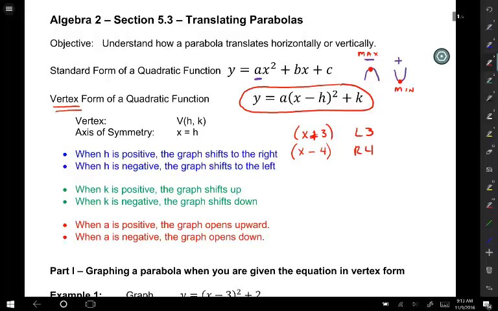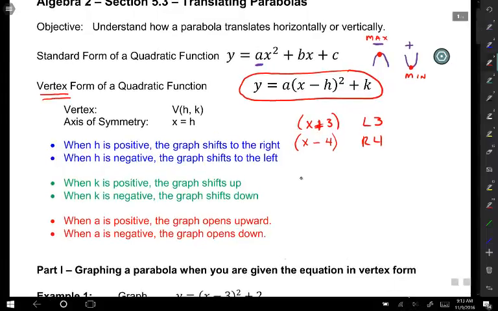Now on the other one, up and down, that has to do with what's outside the parentheses. So if you had like a plus 2, it would be up 2. Or if you had something squared minus 5, that would be down 5.